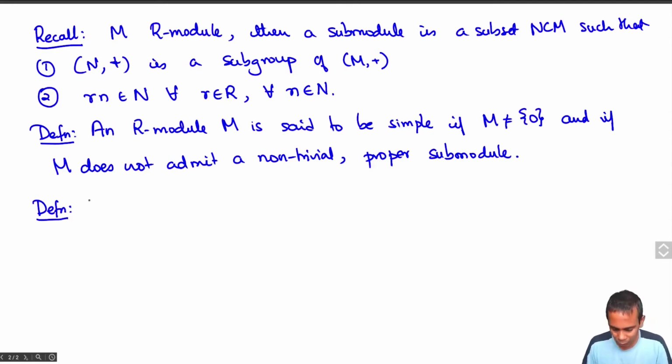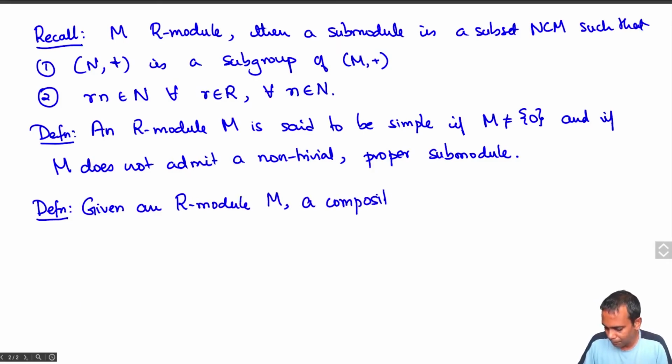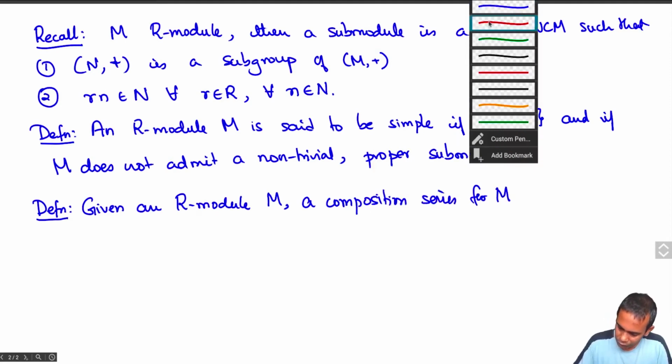So given an R module M, a composition series for M, so this is what we are defining.